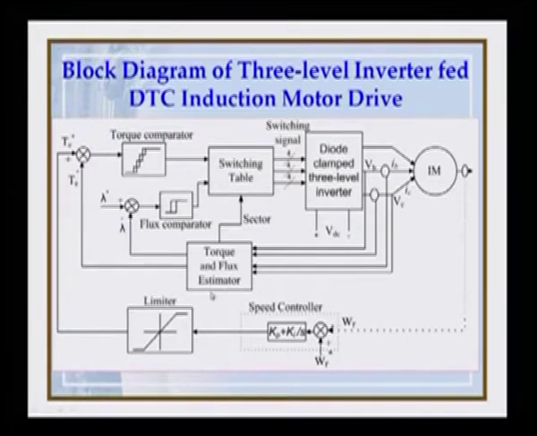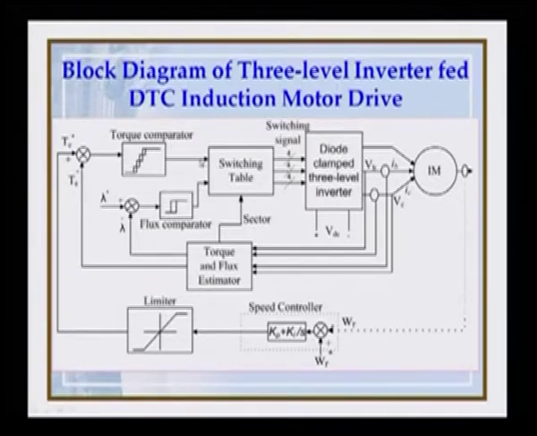So, how can we estimate the torque and flux? We will see it later. And this feeds to a torque comparator, a hysteresis comparator. So, if this actual torque is not the same as the reference torque, we get an error, and this is processed by a hysteresis comparator.